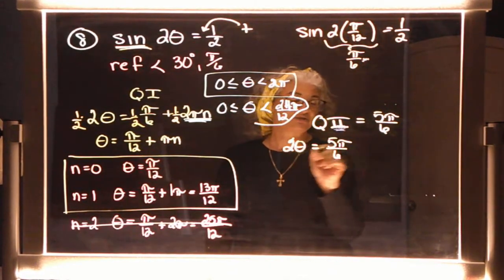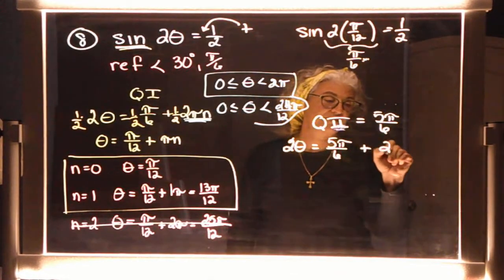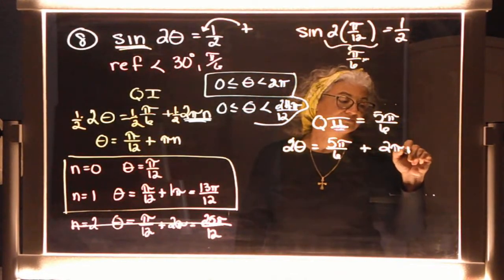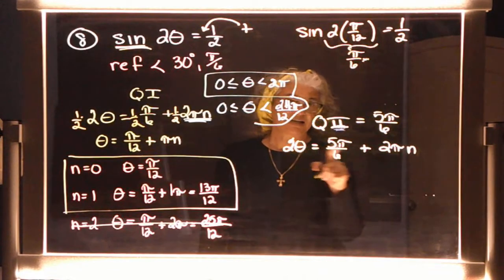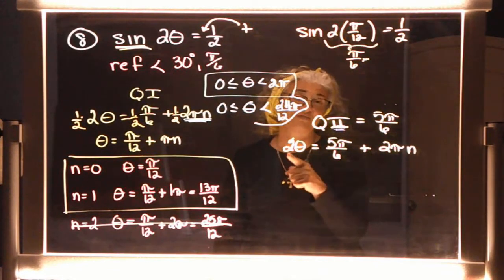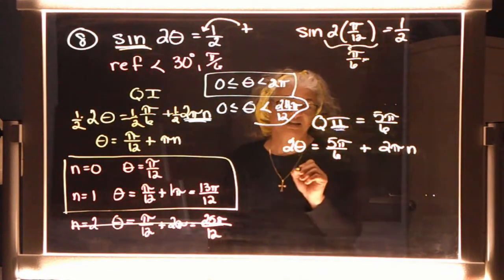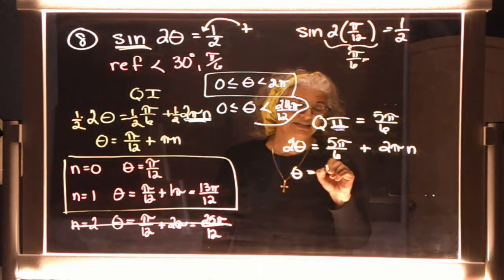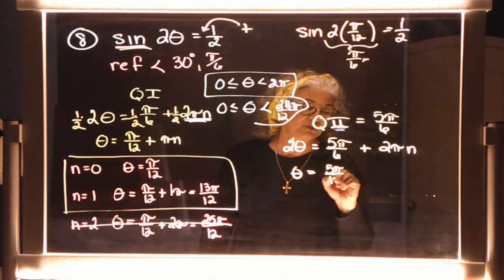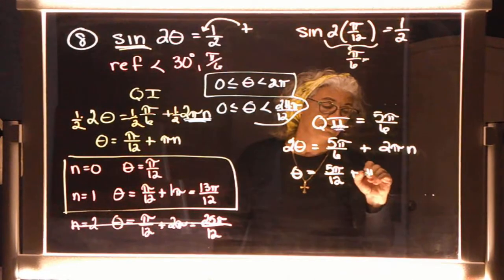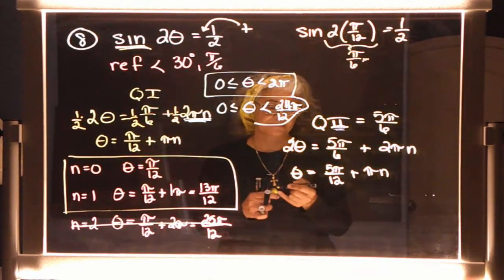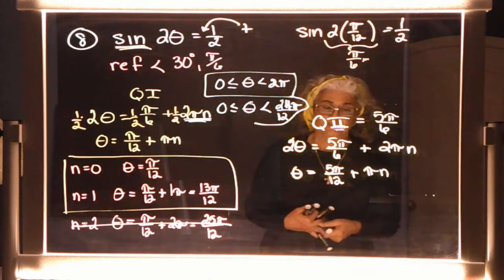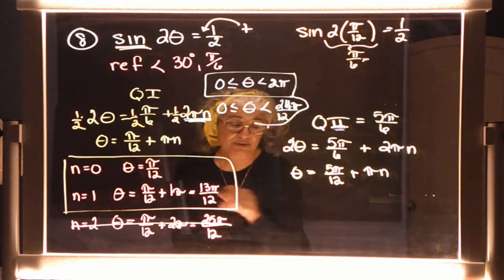But because the 2 is here, it's going to affect my circle. I cut everything in half because I have to divide by 2, which means theta is going to equal 5 pi over 12 plus pi times n. Okay, just like we did over here.